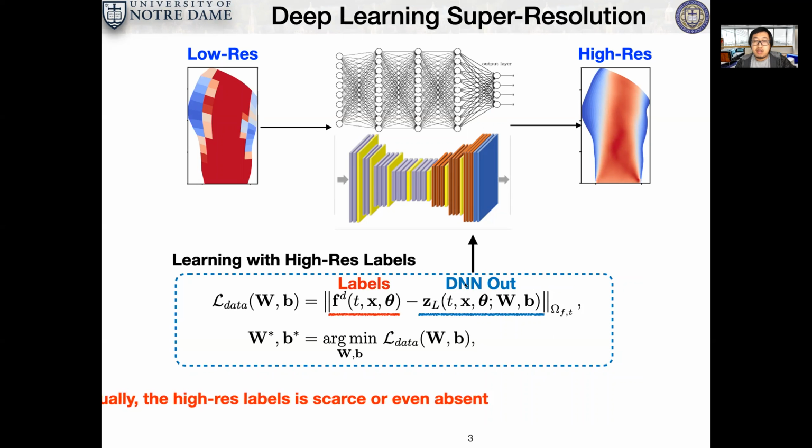However, high resolution labels are usually scarce or even not available in many cases. For example, if you want to super resolve 4D flow MRI imaging, we really don't have high resolution MRI data, because of the resolution limitation of the MR imagers.